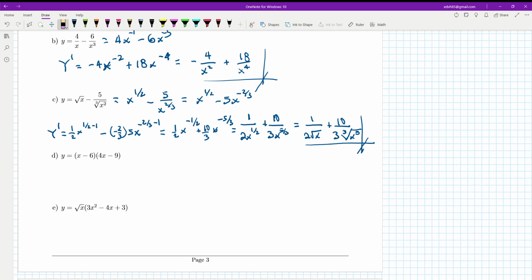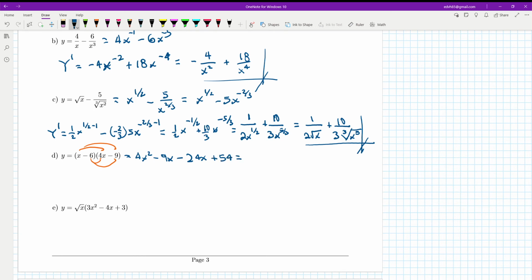However, for now, what we're going to do is FOIL to get 4x squared minus 9x minus 24x plus 54.